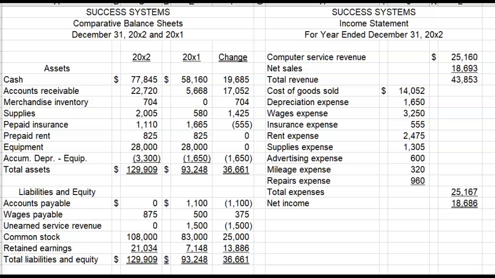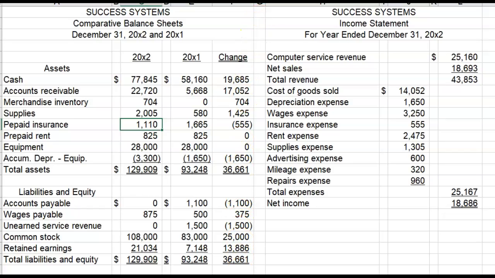In the first tab of the workbook that you have been provided are the financial statements for Success Systems. You are given comparative balance sheets as of December 31st, 20X1, and as of December 31st, 20X2. I have calculated the change in the balance sheet accounts for you.